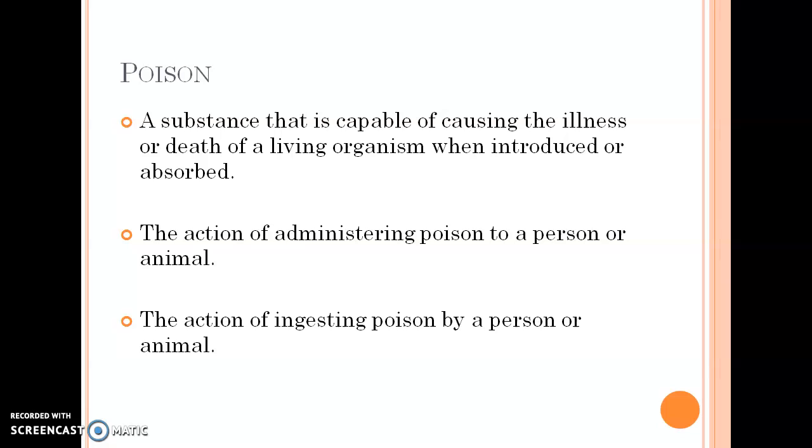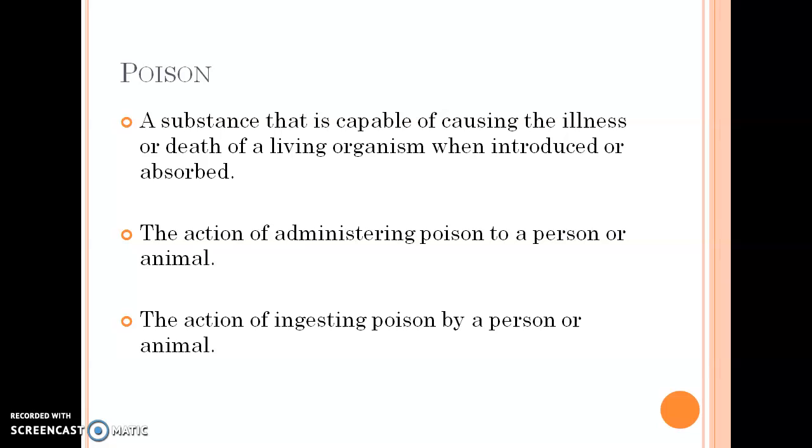Let's understand what poison is in terms of its definition. The definition for poisoning is a substance that is capable of causing the illness or death of a living organism when introduced or absorbed.